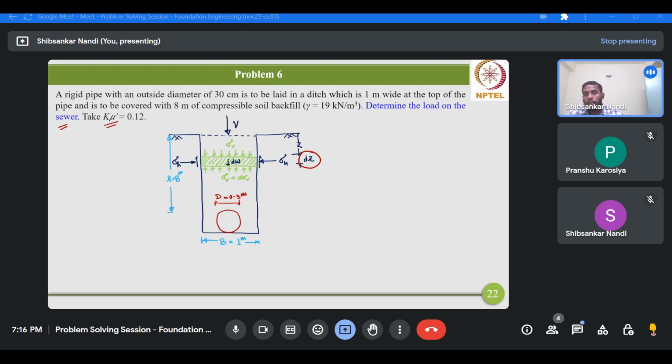Now when it will try to move, since this soil is compressible soil backfill, this theory is governed by soil arching. Now what is soil arching? So soil arching is a phenomenon or a mechanism where the stress is transferred from relatively greater yielded region to relatively less yielded region or unyielded region.